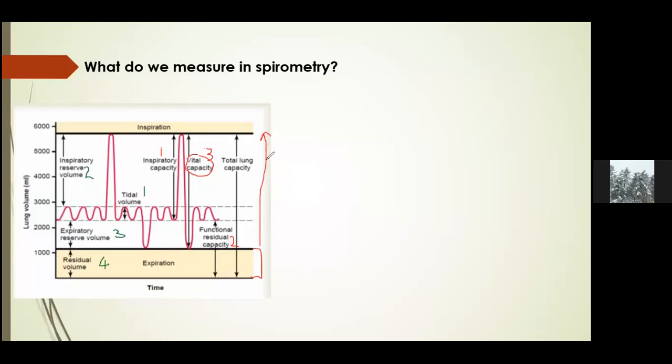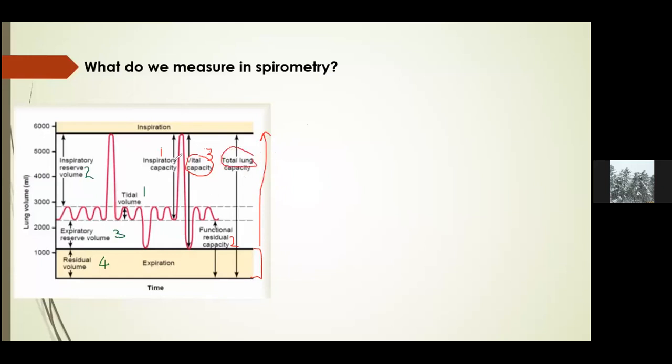All the air in your lungs that you are holding after a maximum inhalation is a sum of vital capacity and residual volume, and that is known as the total lung capacity.